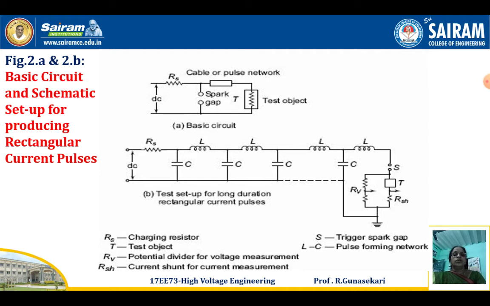How many LC sections are there? Totally 4. And S is the triggering spark gap, and Rv represents the potential divider for voltage measurement, and Rsh is the current shunt used for current measurement only. So this is the circuit diagram.